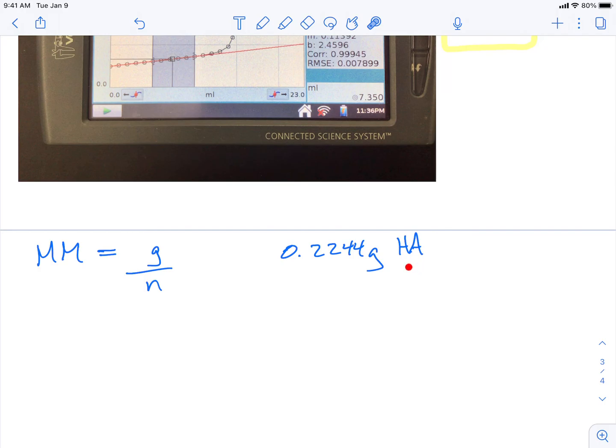That is something that was given to you in the write-up. So what you can do is figure out your moles of NaOH. You can use the molarity and your volume to figure out your moles of NaOH. Your moles of NaOH and the moles of your weak acid are the same at the equivalence point or the endpoint.